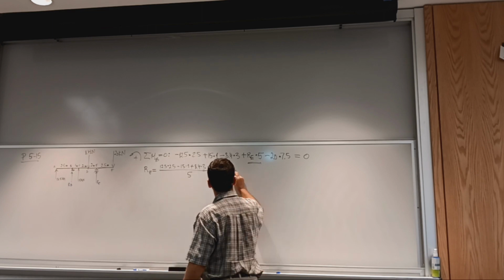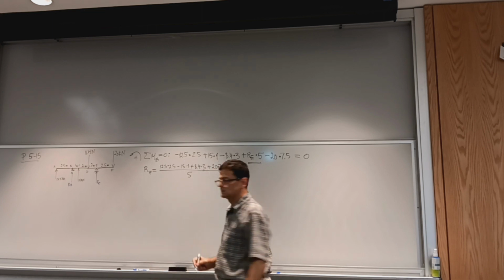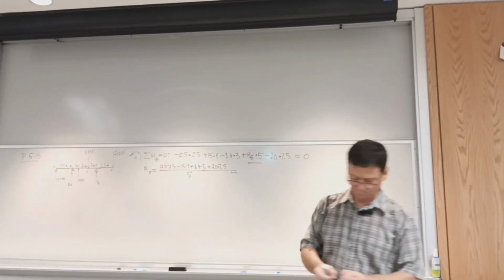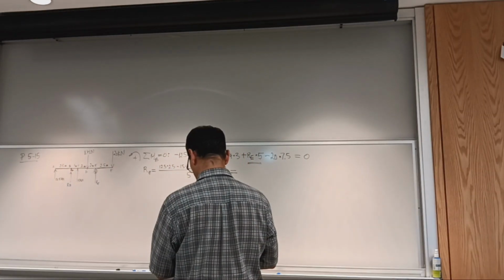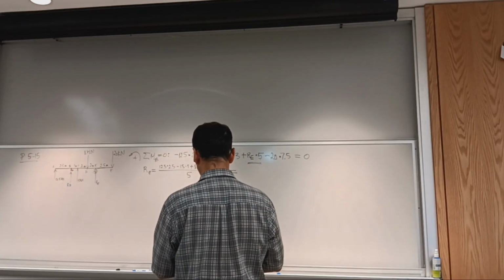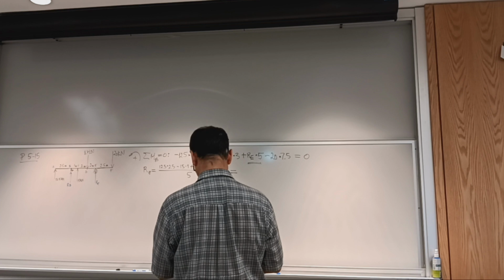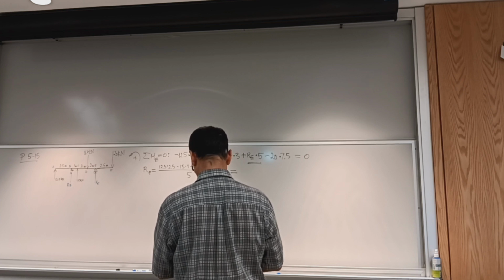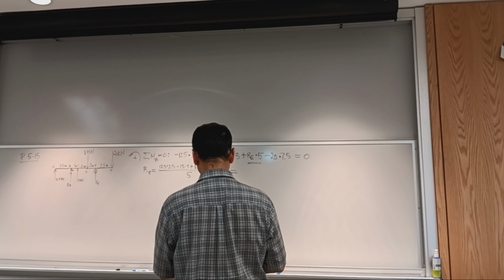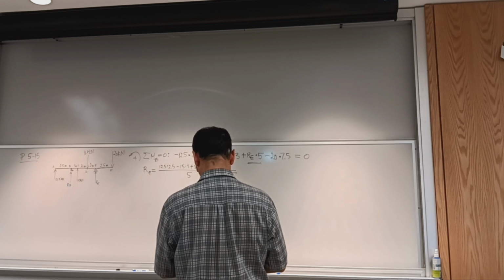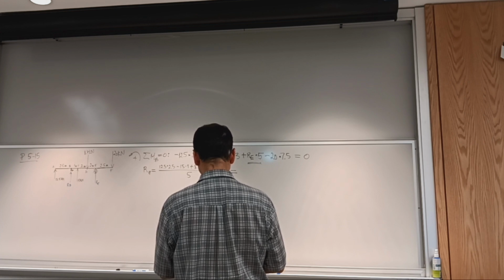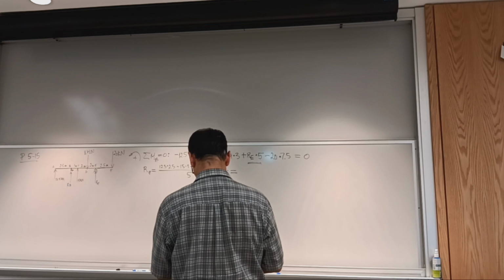Okay? So let's calculate this quickly. 12.5 times 2.5, negative 15, plus 8.4 times 3, plus 20 times 7.5 equals.